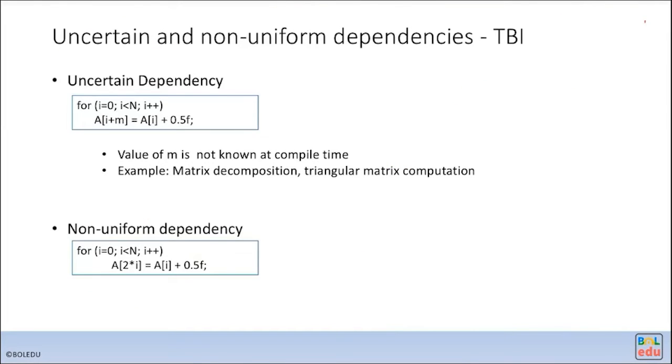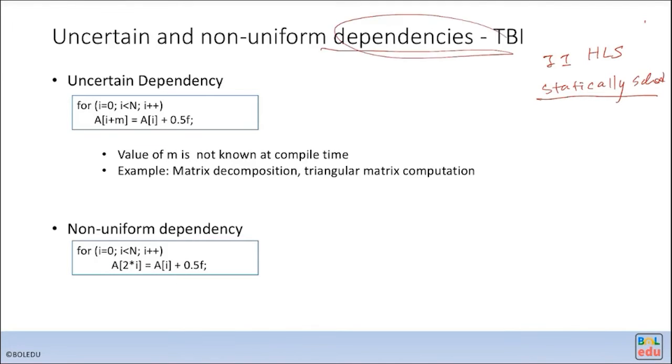Okay. Another thing, we all know the HLS compiler's II is statically scheduled. So the HLS only performs static scheduling, and oftentimes the pipeline is dynamic, so the dependency actually is uncertain or non-uniform.